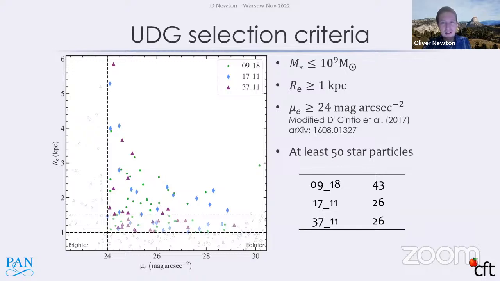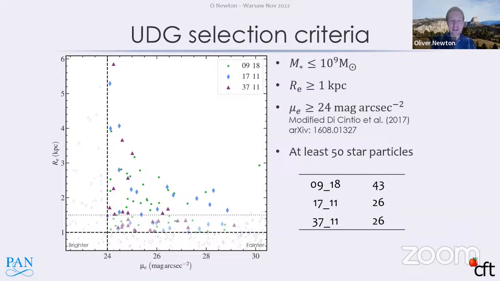So if we apply these criteria plus an additional quality cut, so we want to select objects from the simulations that have enough star particles that we can reliably calculate these other quantities, the effective radius and the effective surface brightness. So this is why we have a 50 star particle cut as well.